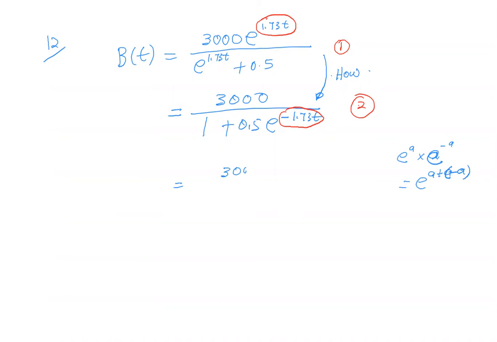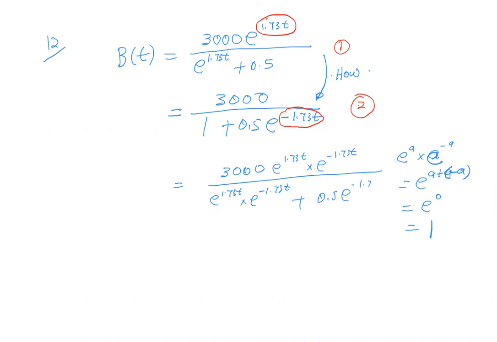So what do I get? E to the power 0, which is 1. Same goes with the bottom. So all these become 1.